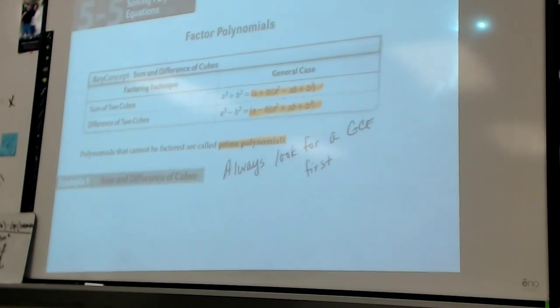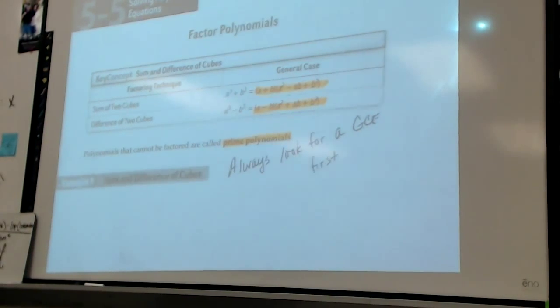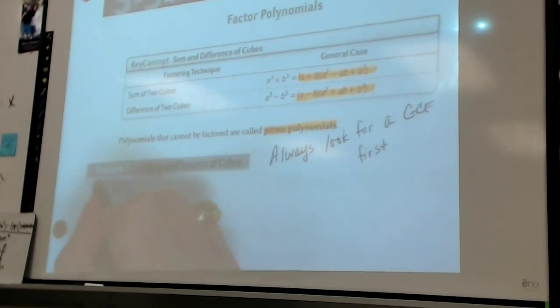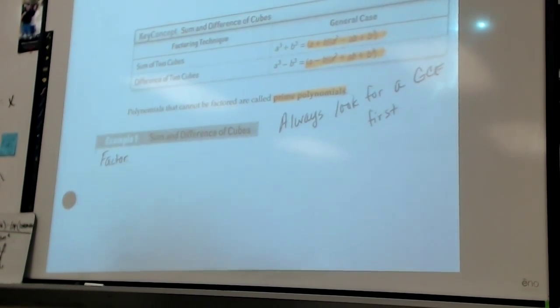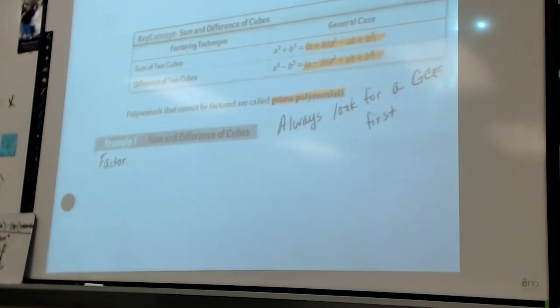Try to get the right folder going here. All right, so example 1, we want to factor these. We're not solving yet. We're just factoring. Remember, solving is going a step further and setting it equal to 0, but we're not going to do that.